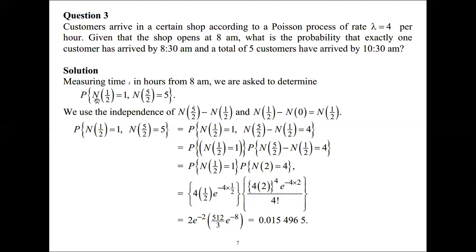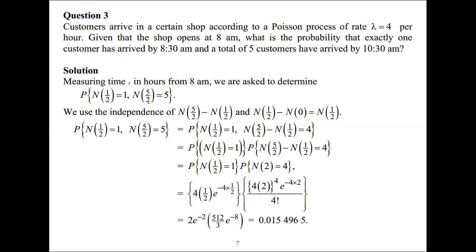But the time intervals from 0 to 0.5 and from 0 to 2.5 are not mutually exclusive. So we have to create time intervals which are mutually exclusive so that we can use the rules of independence.